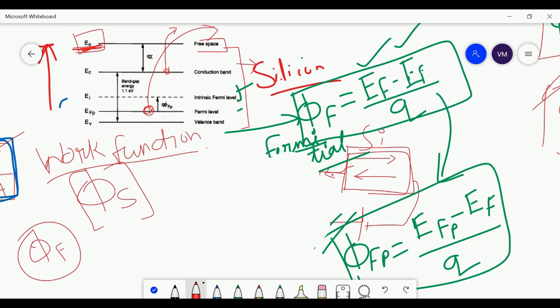I am again repeating, what is the work function of silicon?